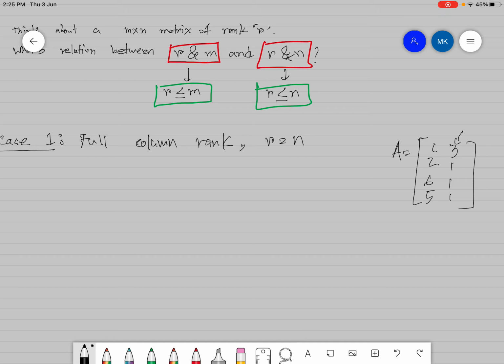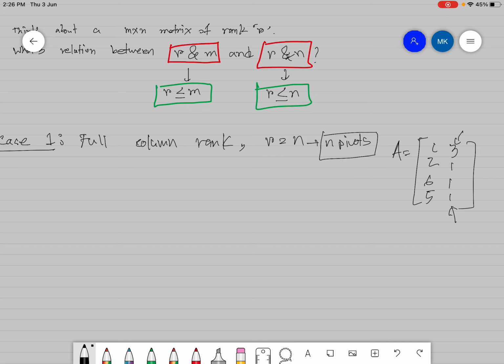So this column is definitely independent here, and you'll get 2 pivots on 2 columns. Okay, so there are n pivots in this kind of matrices.